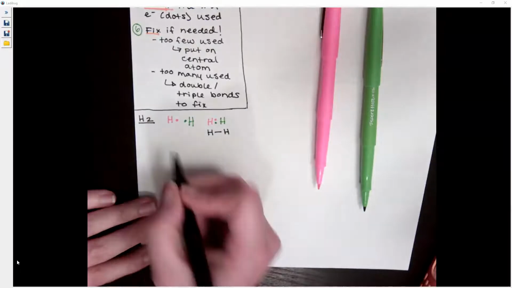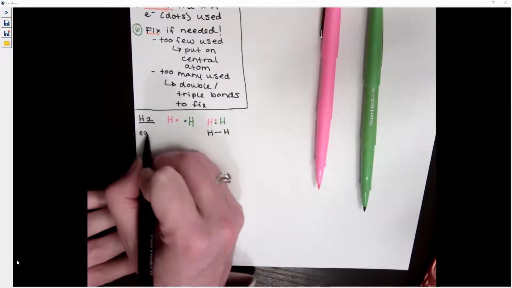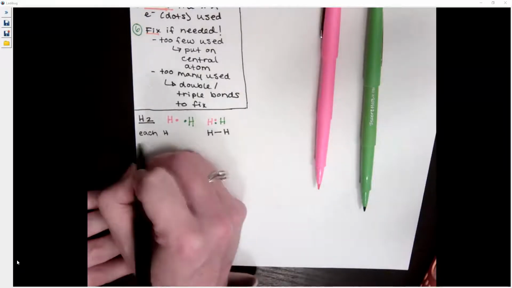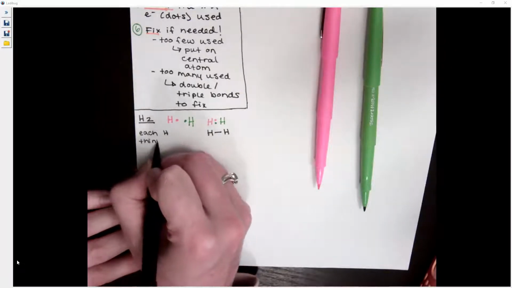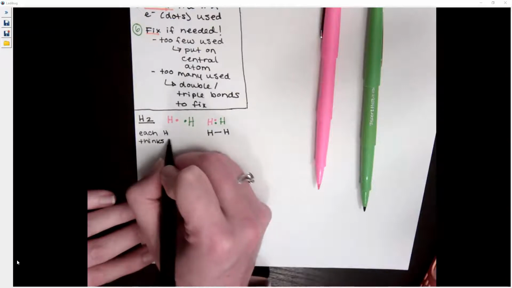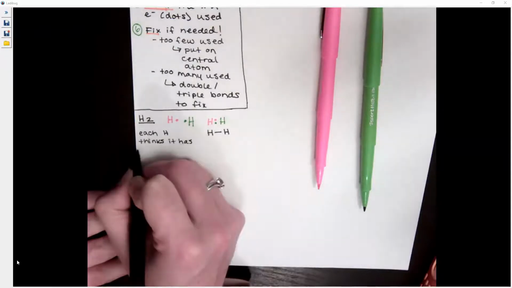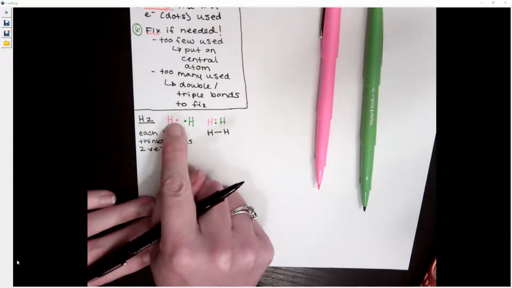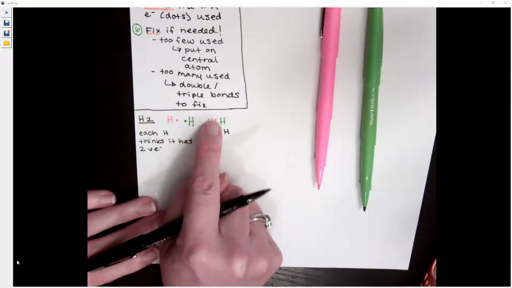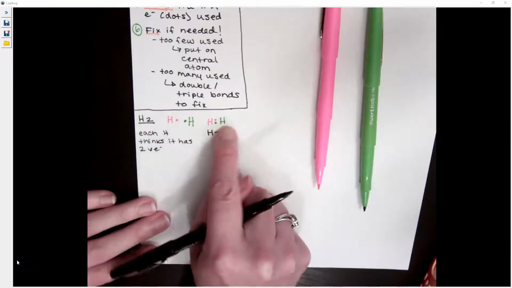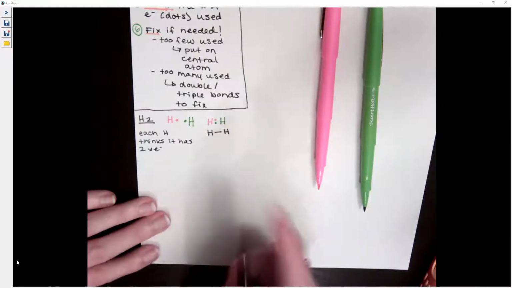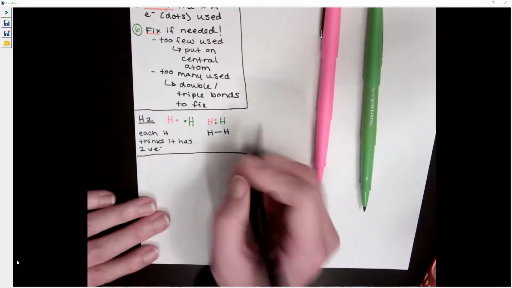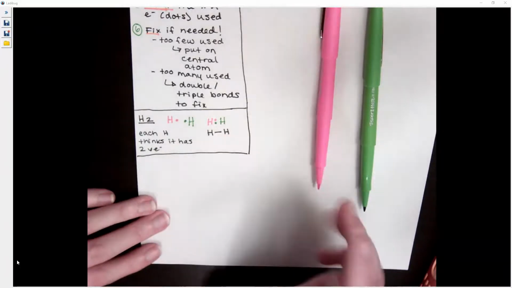Okay. Now each hydrogen thinks it has 2 valence electrons. It only had 1 to begin with, but now this hydrogen feels like it has 2, and this hydrogen feels like it has 2. So they both feel more satisfied, more stable than they were beforehand.